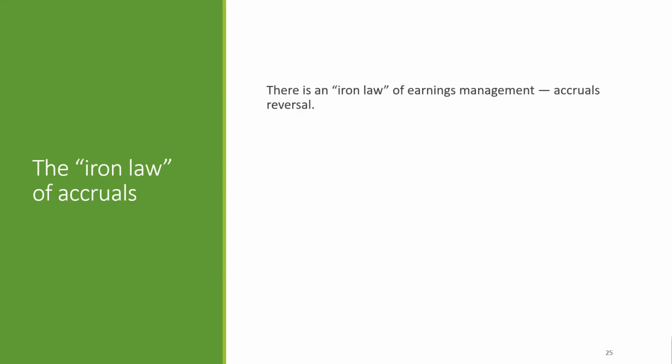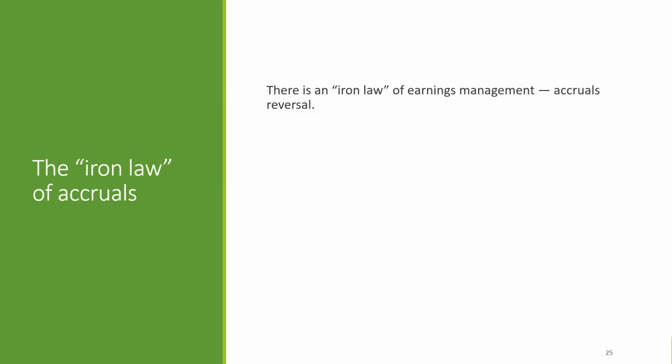And that iron law is that if I am aggressive in revenue recognition, right? So, what's an example of using an accrual? Let's say I want to increase my reported net income. And I say, okay, I'm going to try to be aggressive with revenue recognition.